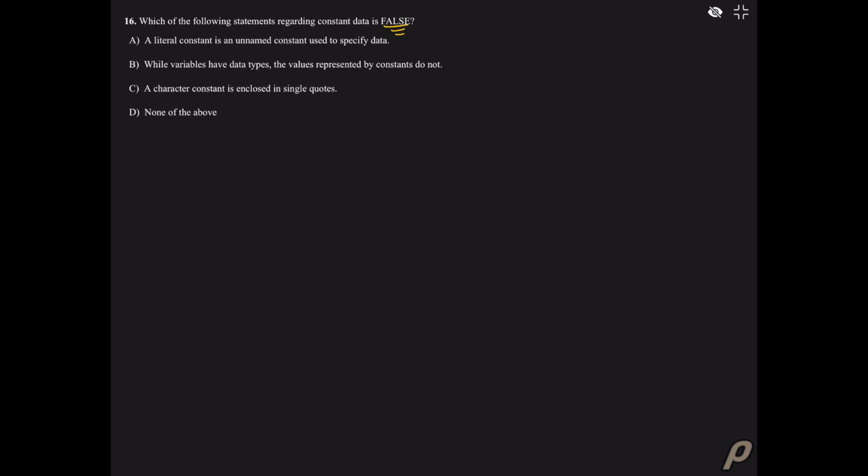First one says a literal constant is an unnamed constant used to specify data. This is indeed true, as a literal constant is just going to be a number or a character. For example, if we have a function called MyFunction, and it takes an integer and a double, and we pass in a 3 and a 4.1, these are both considered literal constants, because there's no name representing them.